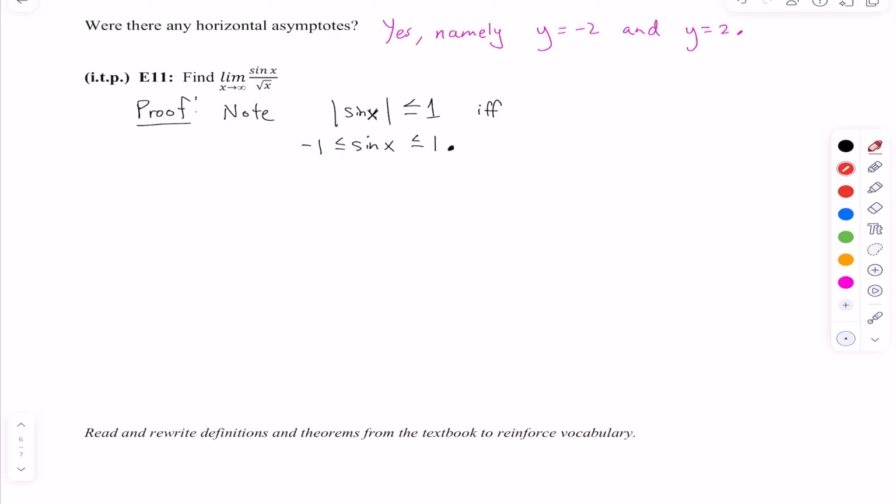From algebra, you know that the square root of x has a domain of x is greater than or equal to 0. But since it's in the denominator, it has to be strictly greater than 0. So our next sentence will go something like this. Since 1 over the square root of x is strictly positive, we now have this inequality.